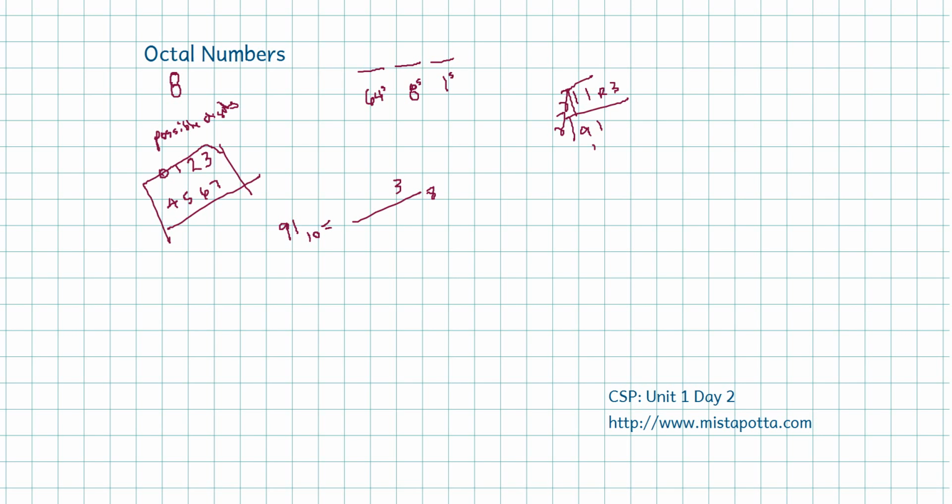So 8 goes into 11 one time with 3 left over. So this means I have 1 sixty-four with 3 eights left over. If I continue to divide by 8, I'm going to get 0, because 8 goes into 1 0 times with the remainder 1, and I end up with a 1. So I end up with 133 in base 8.